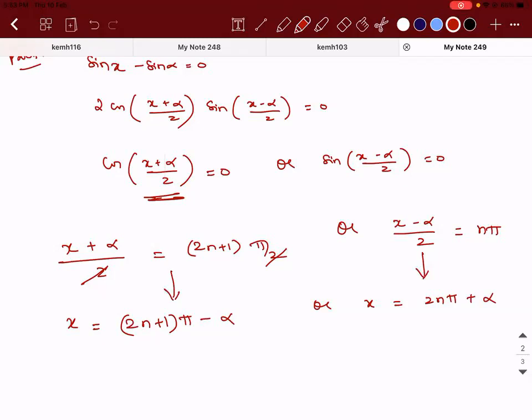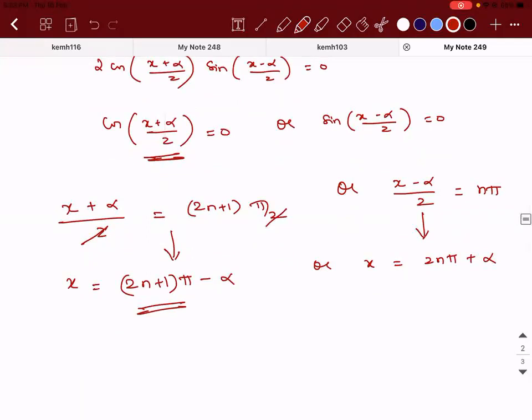So when I say or, is it union or intersection? Union, right? So I should combine this general solution and this general solution. Listen to this very carefully. 2n pi is an even multiple of pi, and (2n plus 1) pi is an odd multiple of pi.